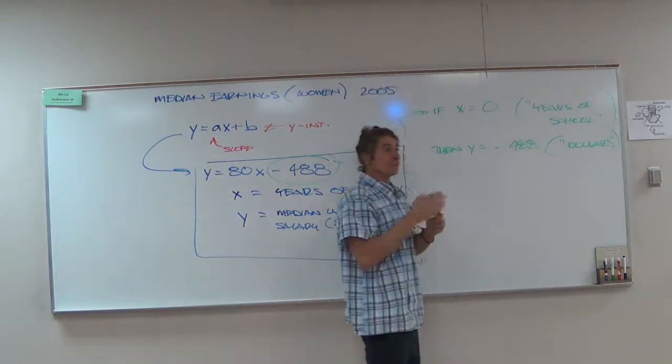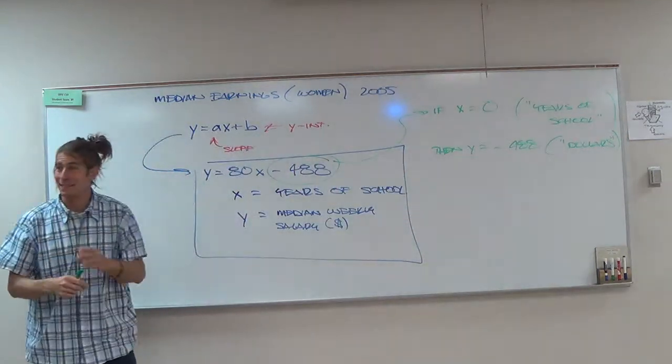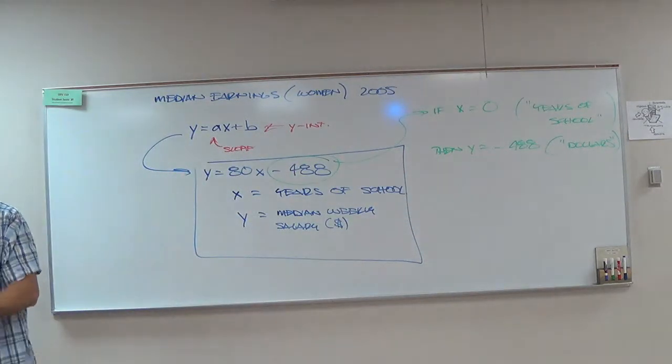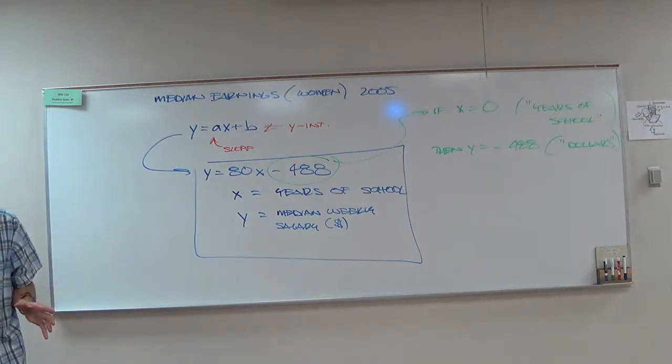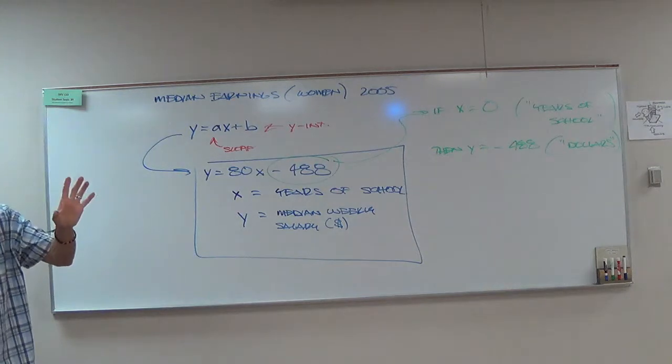Now, the literal interpretation of this is that if you don't go to school at all, you're going to lose about 500 bucks a week. That might be true, maybe.